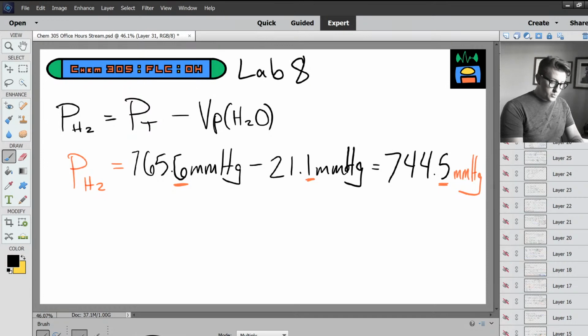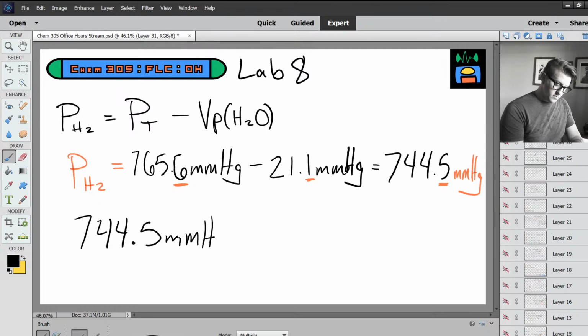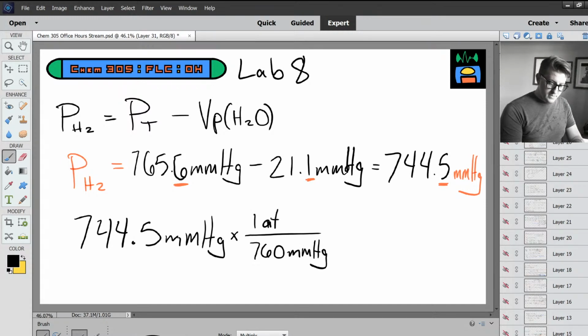Now, when it comes to converting the partial pressure of H2 to atmospheres, it's 760 millimeters of mercury in 1 atmosphere, right? So millimeters of mercury cancel, and this unit conversion is exact.